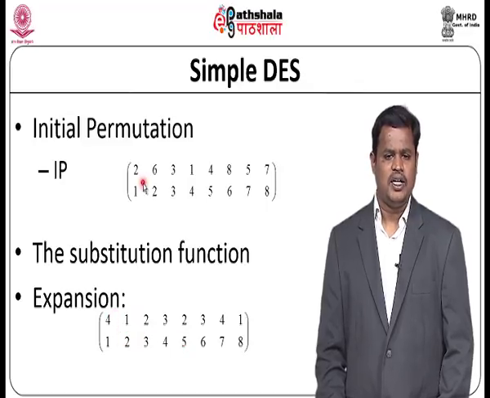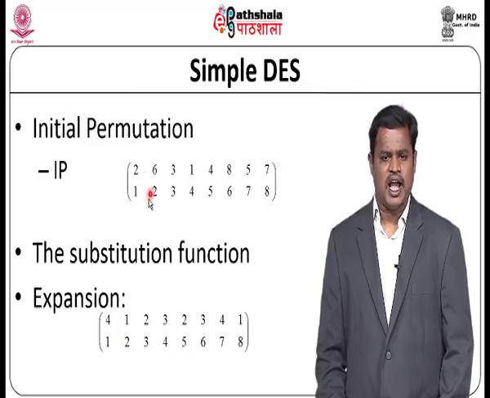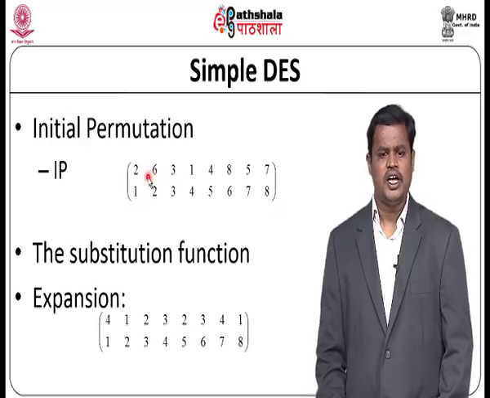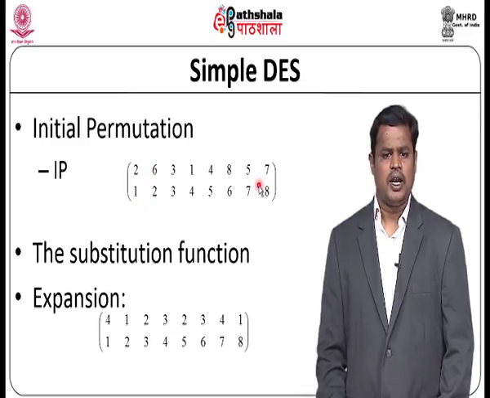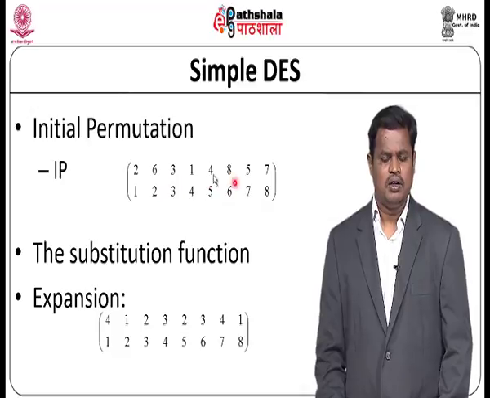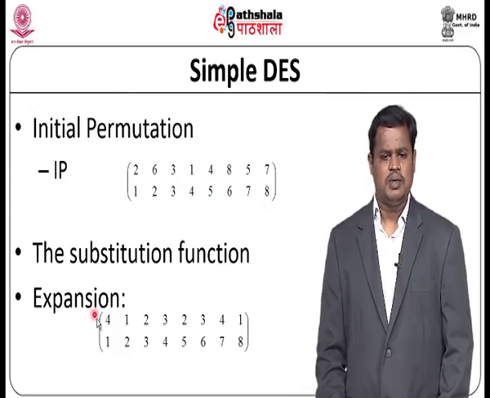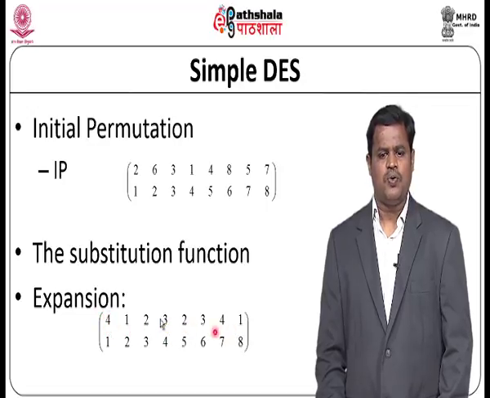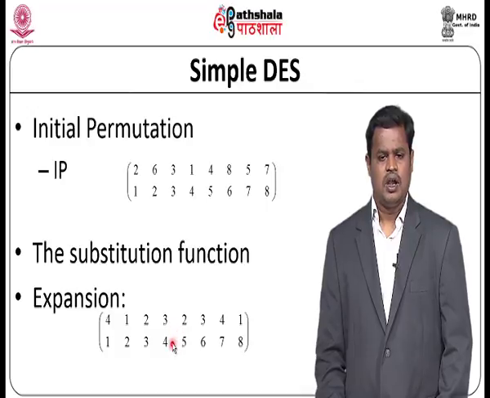Note that the initial permutation has 8 bits, rearranged based on this particular table used for encryption. But in the expansion table, where you can see 4 1 2 3, 4 1 2 3, only 4 bits are rearranged, and from these 4 bits we generate 8 bits, which is your expansion.